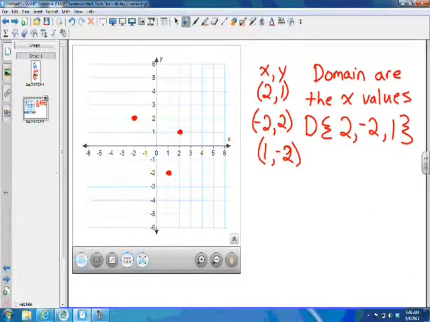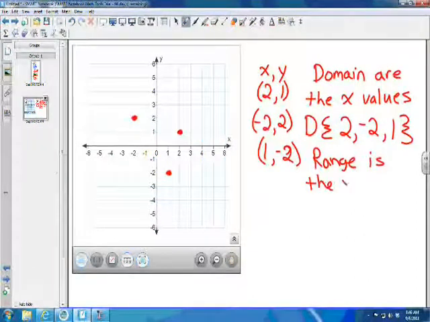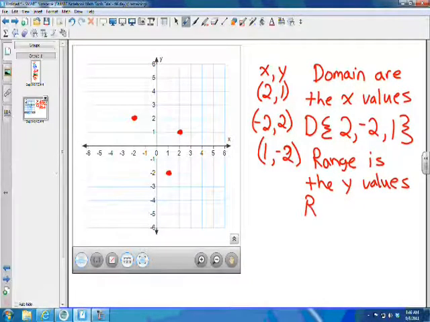So what do you think your range is made up of? Range is made up of the Y values. And you'll do the same thing. You'll just have an R instead of a D. So for this particular problem, what's the range?